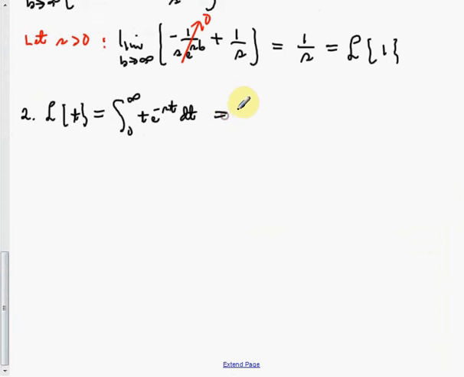So we write this as the limit as b goes to infinity, haven't integrated yet, of the integral from 0 to b, t times e to the negative st dt.